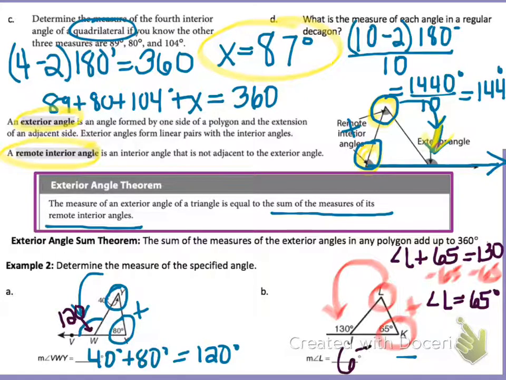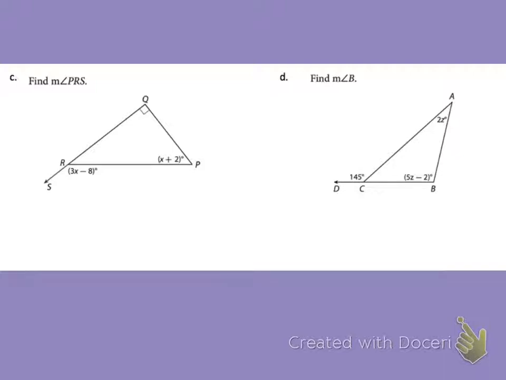Sometimes we'll throw in a little bit of algebra, not just arithmetic, which is what we were doing in those two problems. So in these final two questions, we'll have to write and solve an equation to find the value of a variable so that you can find the measures of some angles in these diagrams.